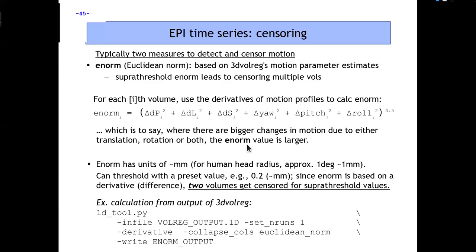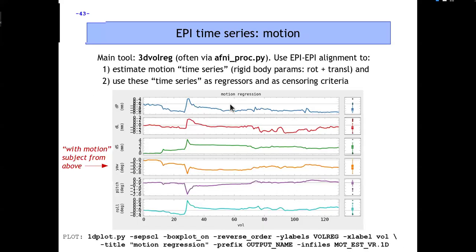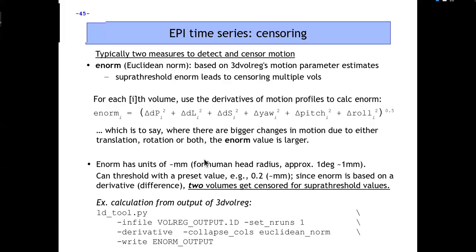Okay, these are pictures, which are great, but we need a little bit more of the mathematics of it. When we have our 6 rotation and translation parameters, that's great, but we want a single omnibus measure of how much the person was moving. What we do is take these 6 time series, and as we said, it's the change in them that tells us when the person is moving.